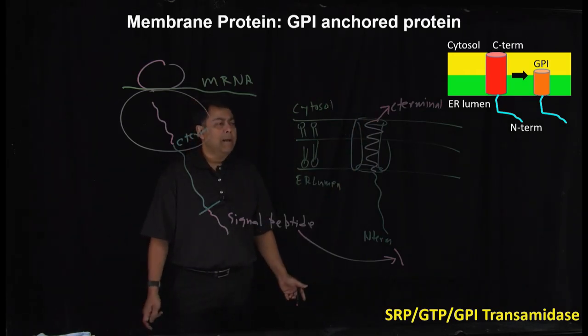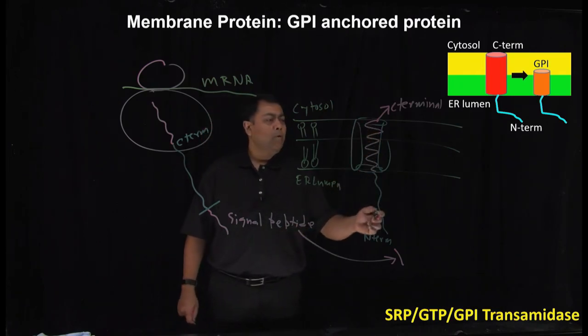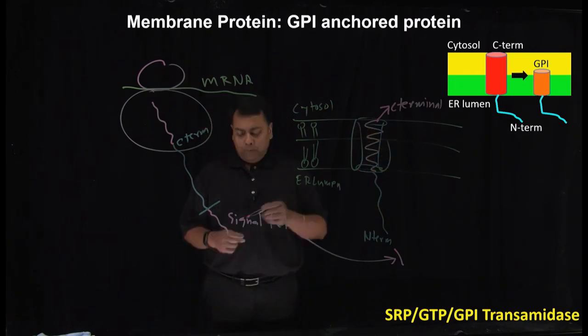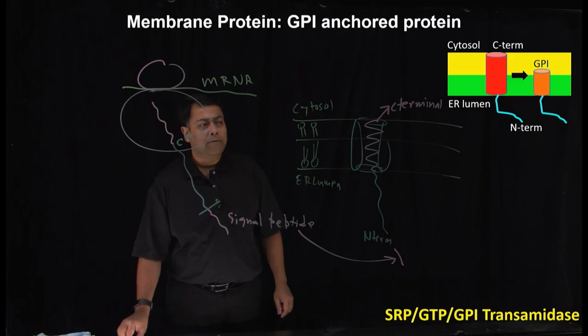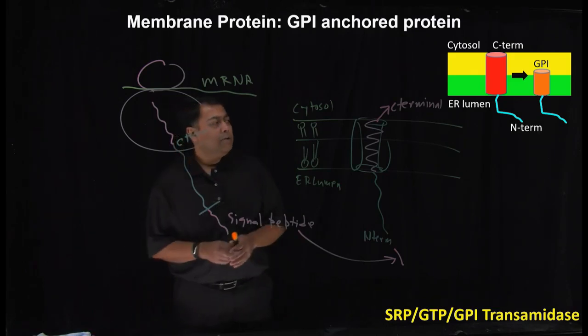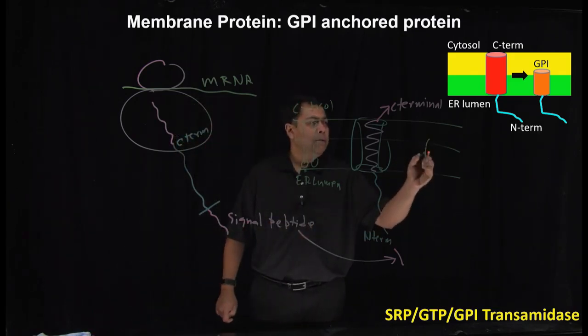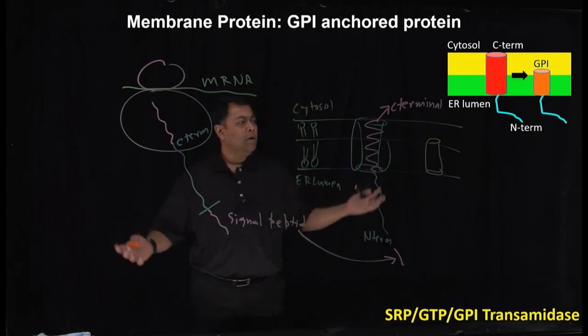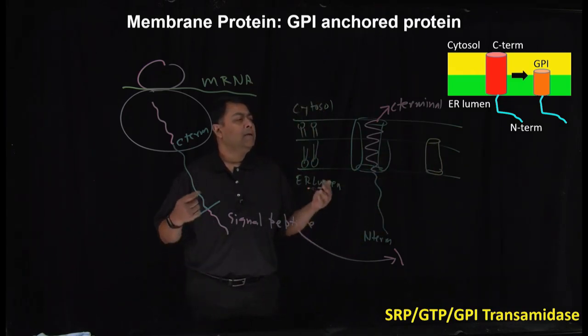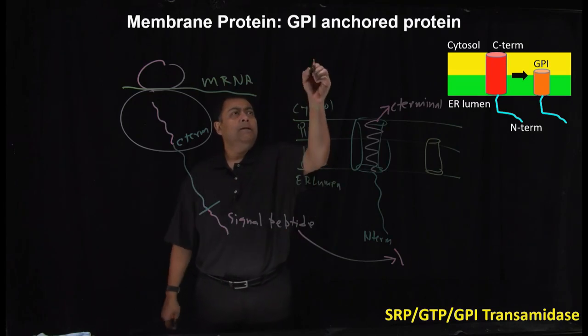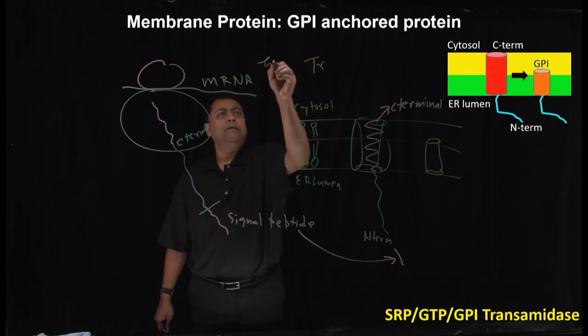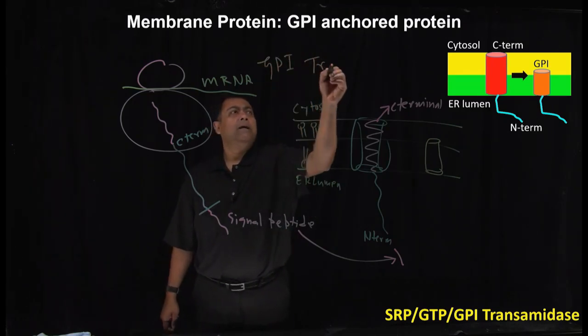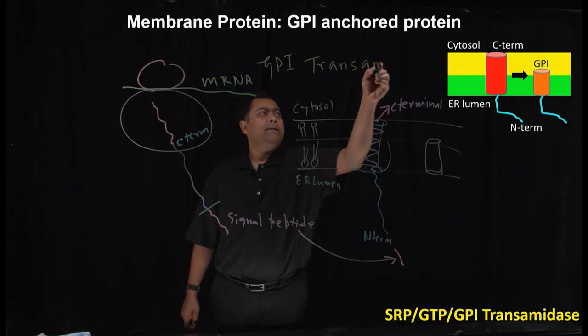Now what happens is very interesting: this entire protein is not used to be added onto the glycophosphatidylinositol anchors. These glycophosphatidylinositol anchors are present as membrane lipids. These are already preformed, and there is an enzyme known as the GPI transamidase.